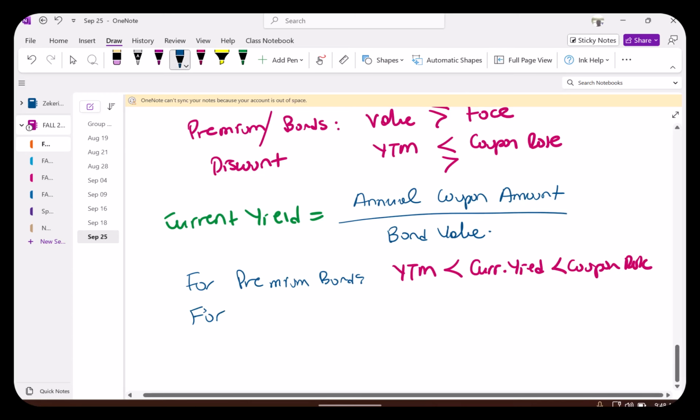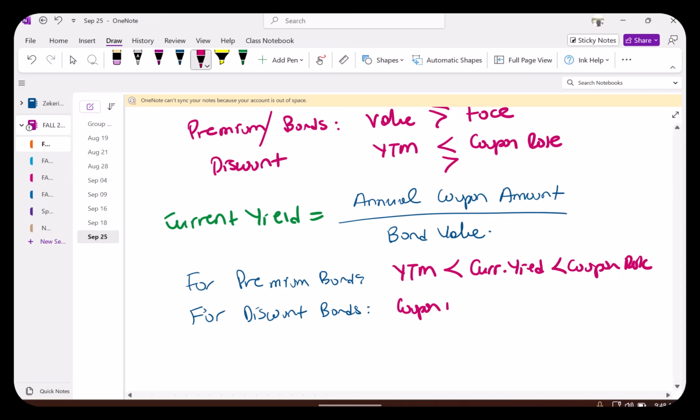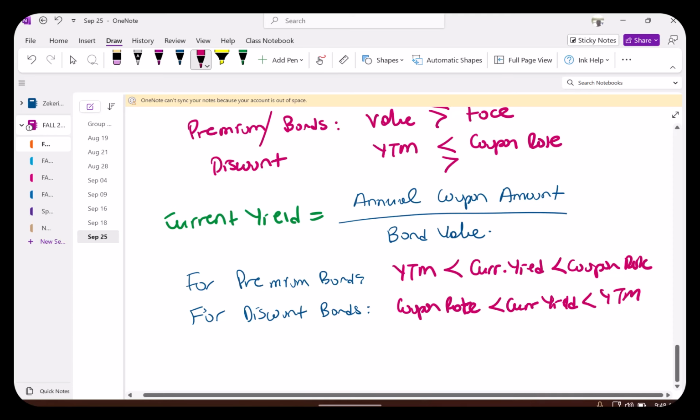For discount bonds, coupon rate is less than current yield, which is less than YTM. There is actually an ordering to it.